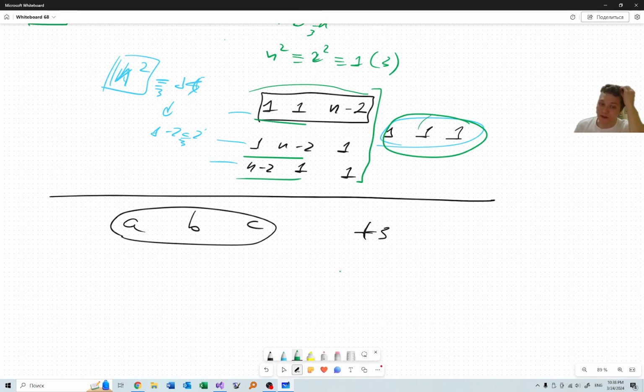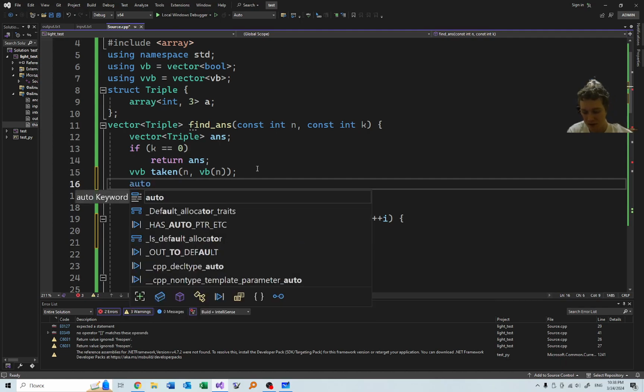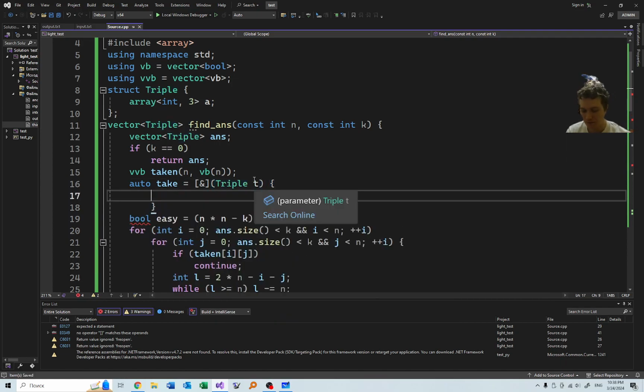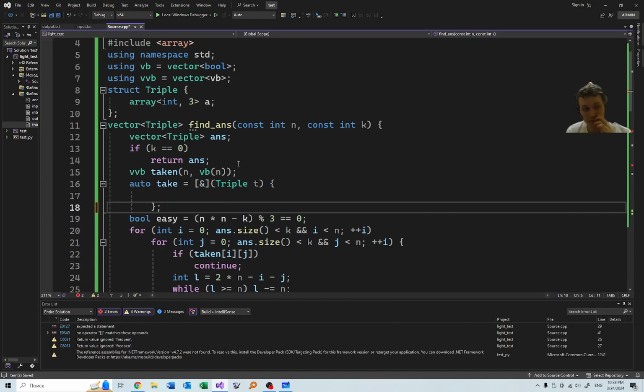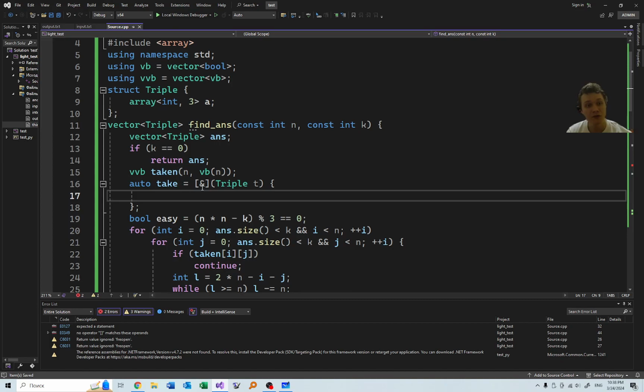Okay, if we have a triple, let's also write a function take. Auto take, actually, let's have triple t. How to take a triple?